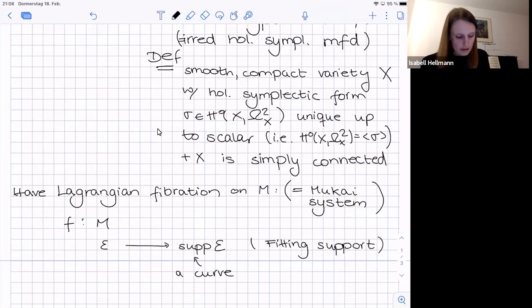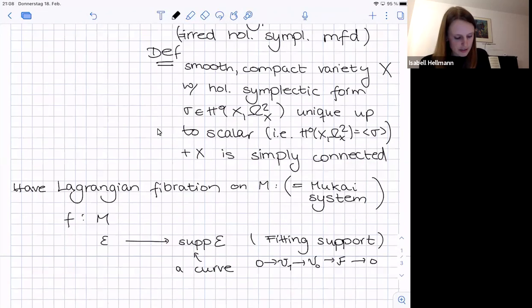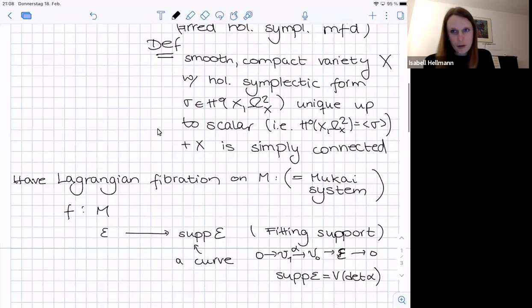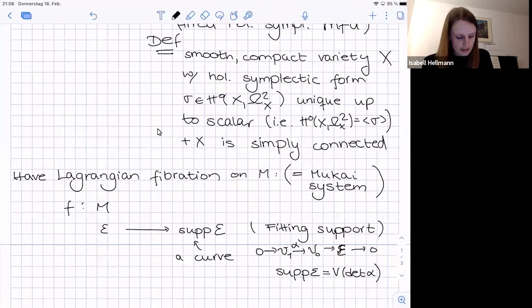If you want the definition, you take a length 1 resolution by vector bundles, which you can always find for the kind of sheaves I consider. Call this alpha; the support of E is defined by the determinant of alpha. V1 and V0 have the same rank because E has rank 0, so this is well defined and independent of the choice of resolution.